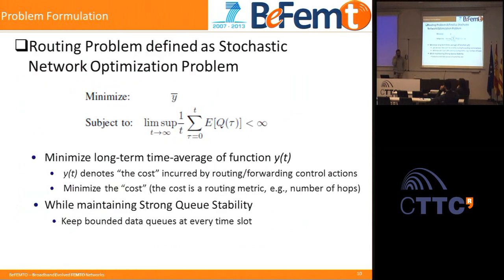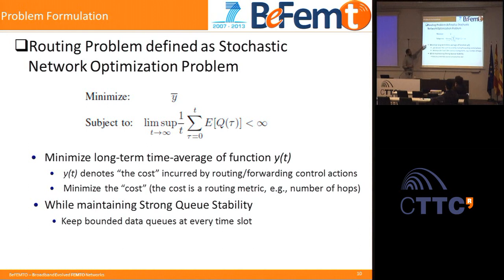So, how do we describe this routing problem that we want to solve, really briefly, borrowing notation from stochastic network optimization? What we want to do is to minimize the long-term time average of a given cost function, y, which in some sense reflects the cost that we introduce when we take routing and forwarding decisions, subject to some constraints. In our case, we want the network to be stable.